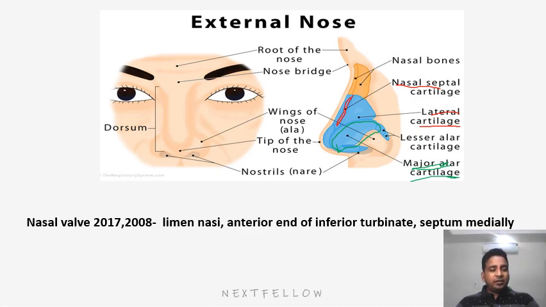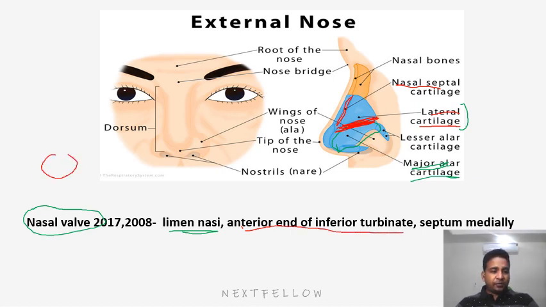Now nasal valve, this is formed by limen nasi, or we can say this cartilage, upper lateral cartilage, lowermost part. So this is the lowermost part of the upper lateral cartilage, which forms the nasal valve. Then comes the septum in the midline and the anterior end of the inferior turbinate.